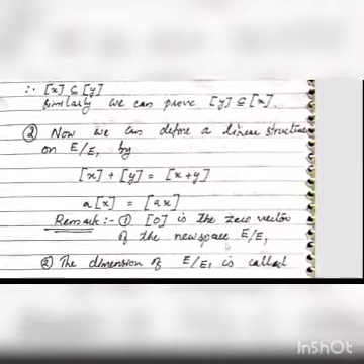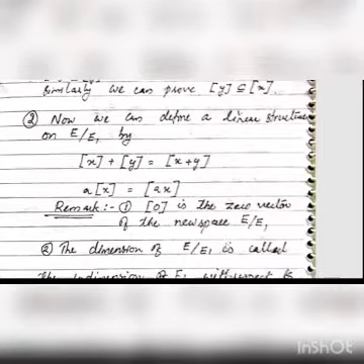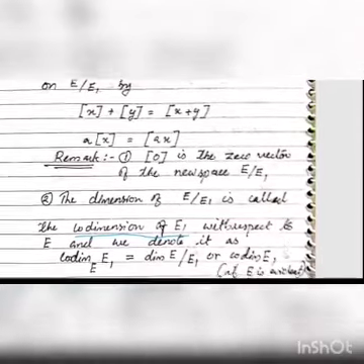The dimension of this quotient space E by E1 is called the codimension of E1 with respect to E, and we denote it as codimension of E1 with respect to E, or we say the dimension of E by E1, or simply codimension of E1 if E is evident.